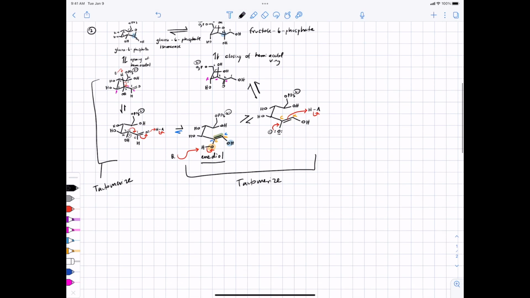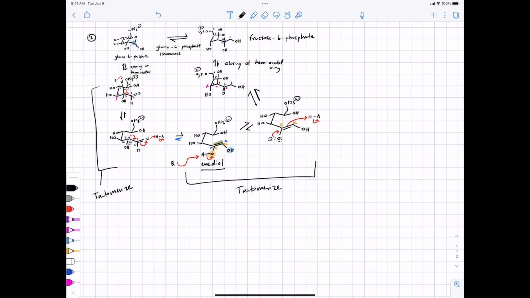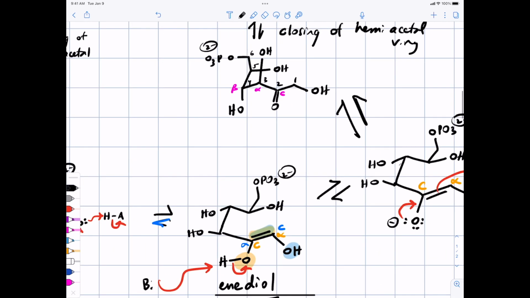So, the third step. Now that we have an idea of what's going to happen moving forward, we know ultimately we're going to want to break this bond between alpha and beta carbons. Before we do that, we're going to need to put another phosphate group on this molecule. We're actually going to put a phosphate on the carbon 1 hydroxy group.